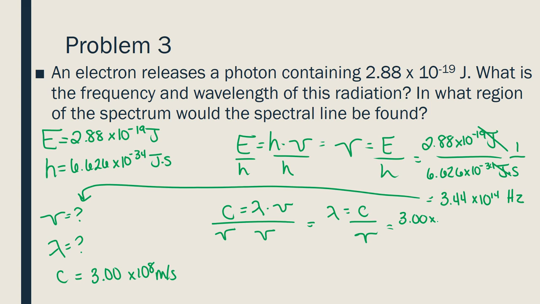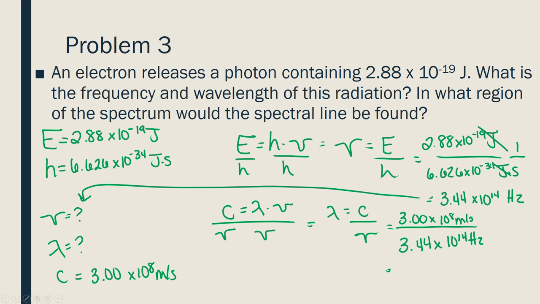Substituting that in, divided by our frequency. I said I want to use Planck's constant, and that's not what I should be using. What I'm really using is my frequency here, which was our answer from up above. I was just not looking at my writing close enough. So what we're actually going to plug in is this 3.44 times 10 to the 14th hertz.